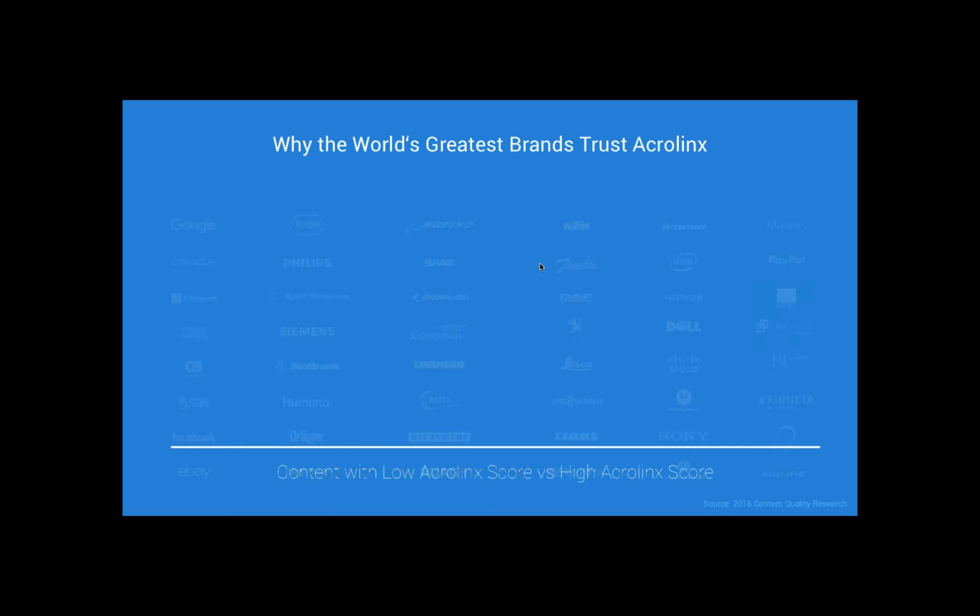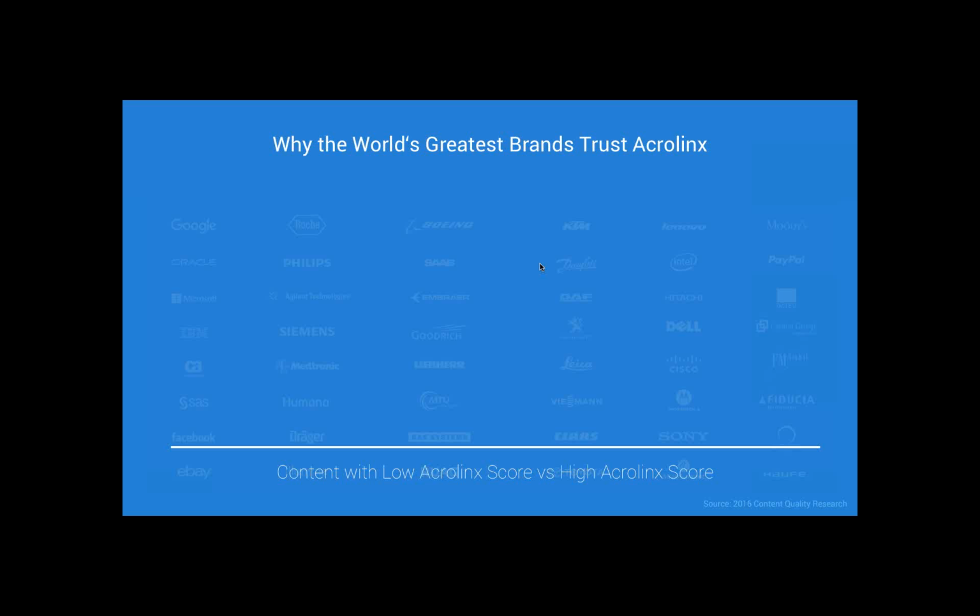I'm not going to get into all the details because this is going to be published later this month, but I will give you a sneak preview where we compared low Acrolinx score and high Acrolinx score content in a very contained, isolated research project, and we looked at three things.